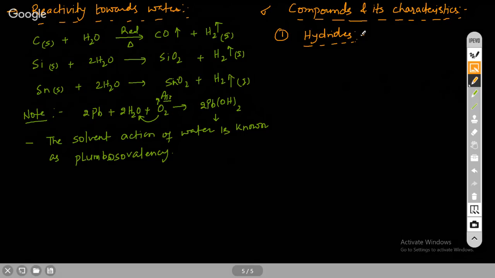The hydrides of carbon are alkanes, alkenes, alkynes, aromatic hydrocarbons, and all. We already know this.